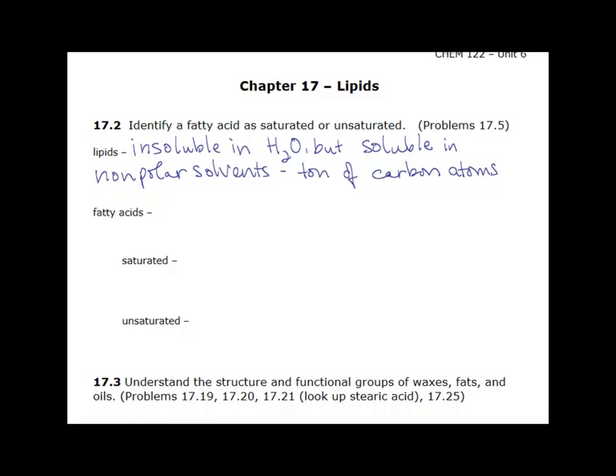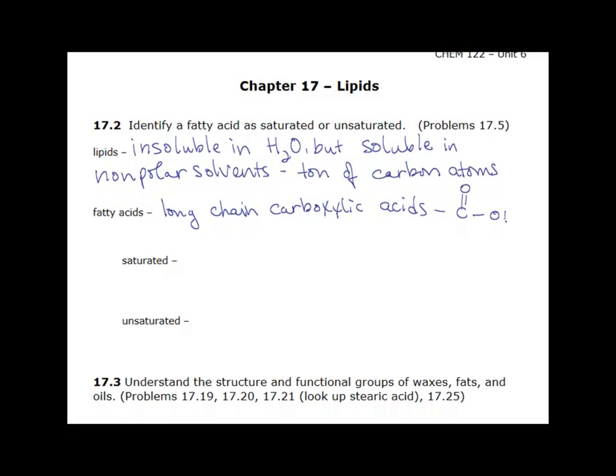So a component of lipids are fatty acids, and fatty acids are long-chain carboxylic acids. And what's the functional group in a carboxylic acid? Do you remember? Let's see. Getting ready for that final review.